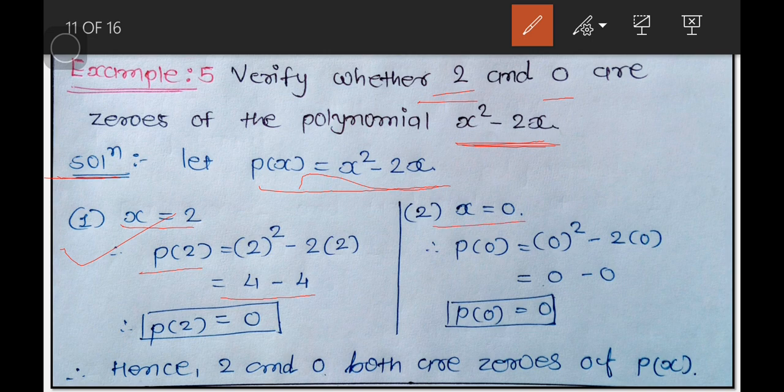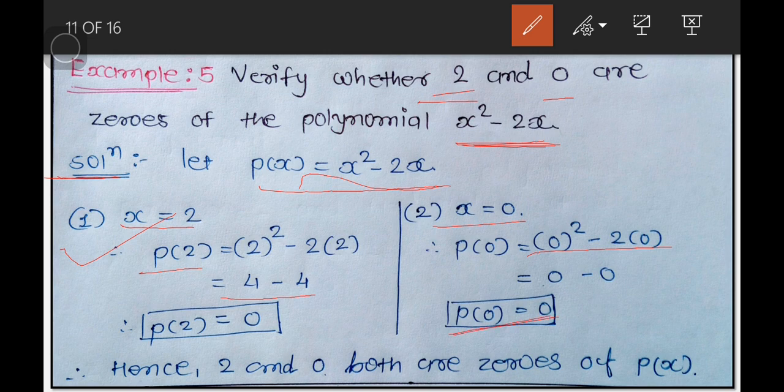Now about another value, x is equal to 0. So we put x is equal to 0 in polynomial p of x, then we get p of 0 is equal to 0 raised to 2 minus 2 into 0. 0 raised to 2 is equal to 0, and minus 2 into 0 is equal to 0. Then we get p of 0 is equal to 0.